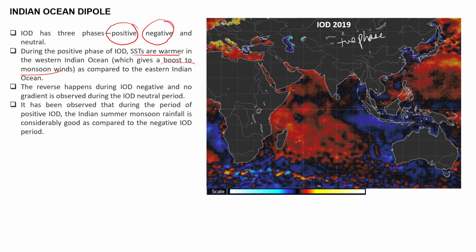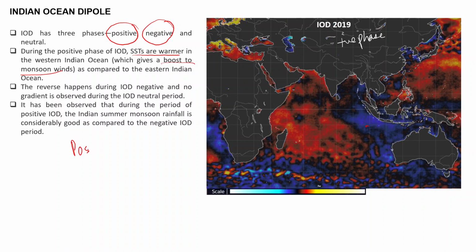During the positive phase, the eastern coast of Africa receives a good amount of rainfall, while during the negative phase, eastern Africa suffers severe droughts. During the positive phase, Australia suffers droughts, while during the negative phase, the Australian landmass gets a good amount of rainfall. So we can understand that the positive phase of the Indian Ocean Dipole makes the Indian summer monsoon stronger.